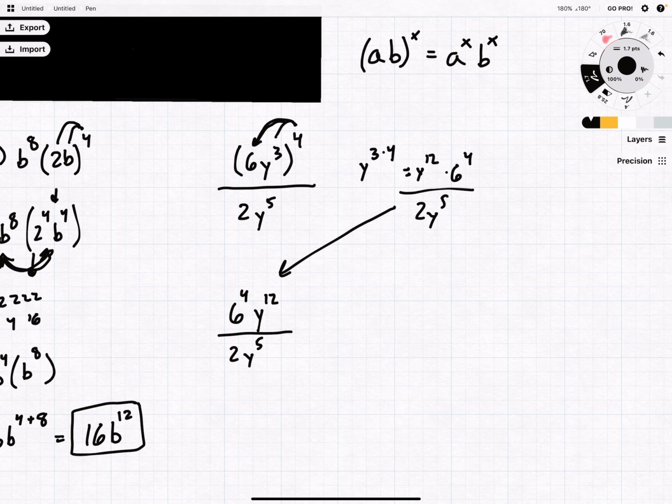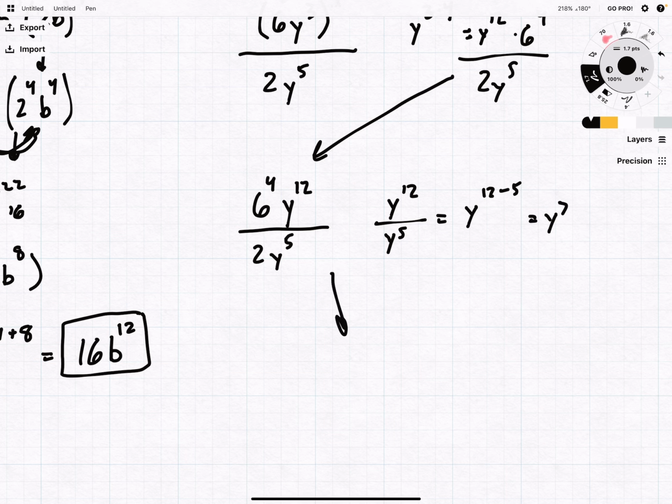We have y to the 12th divided by y to the 5th, which is y to the 12th minus 5, so that's equal to y to the 7th. So now we have 6 to the 4th, y to the 7th, all over 2.